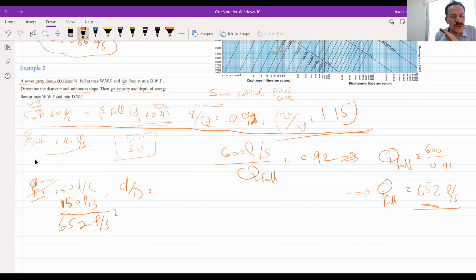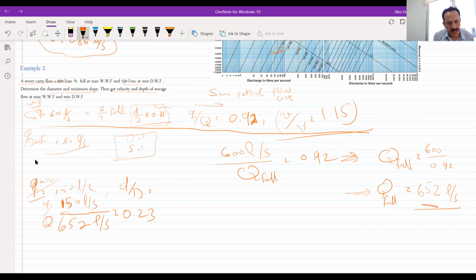So I will see how much the depth of flow will be. That's by dividing the small q over capital Q, which is equal to how much? 150 divided by 652. That gives you 23%, it will be 0.23.